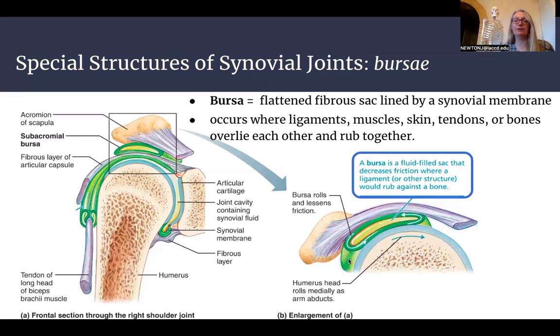So that's how a bursa works. It reduces friction where a ligament or other structure would be rubbing against a bone or another fibrous connective tissue.